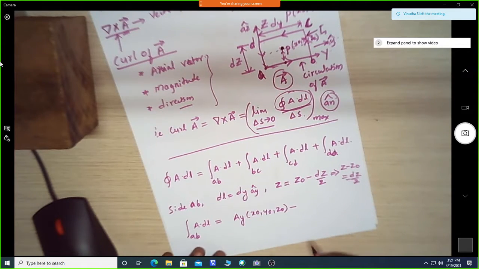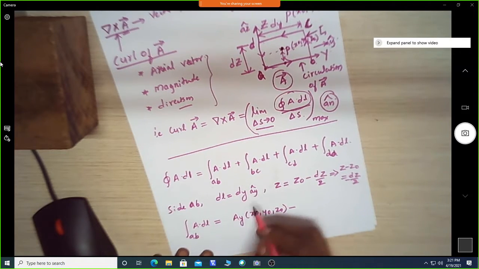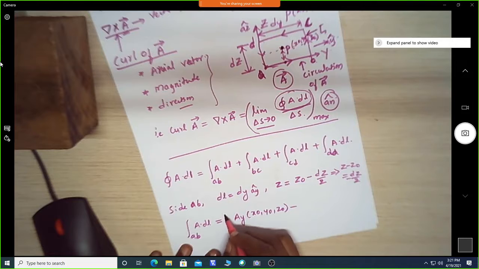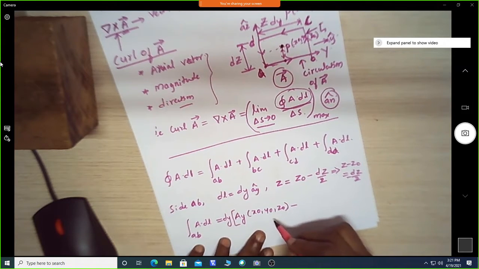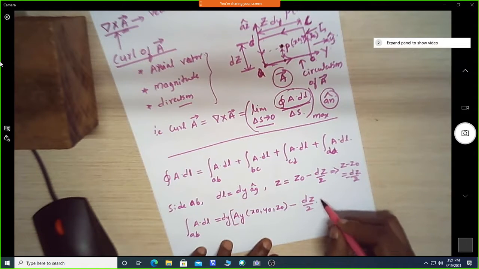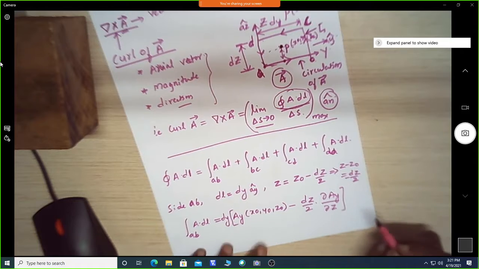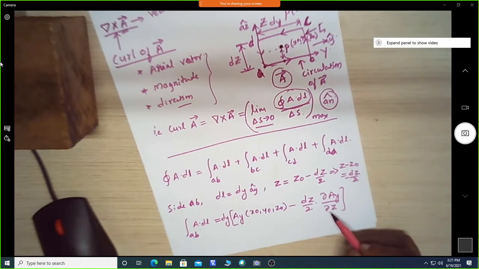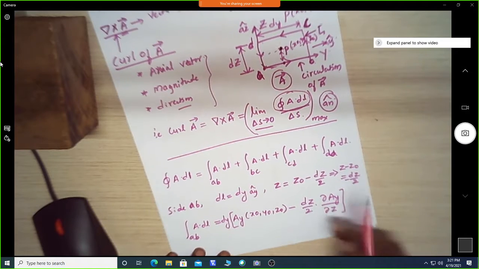Then dl is in the direction of dy, so we multiply dy into a_y of x naught, y naught, z naught minus, since z minus z naught is dz by 2, dz by 2 into del a_y by del z. How are we writing this? We are writing this using the Taylor series expansion method.